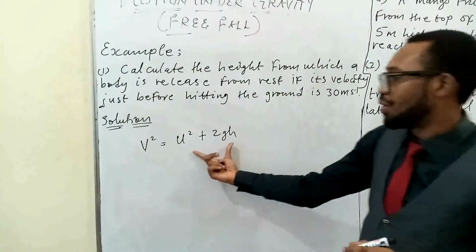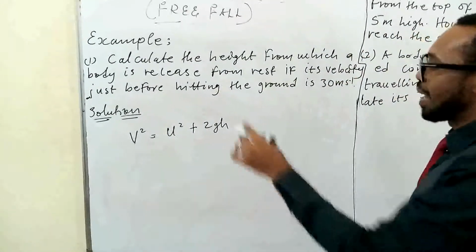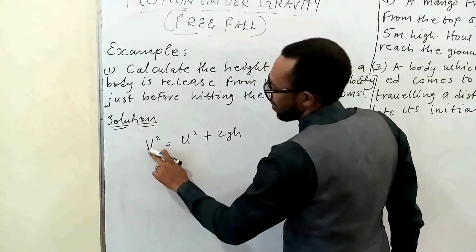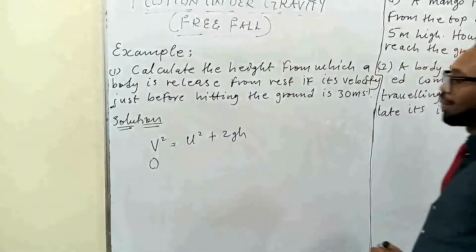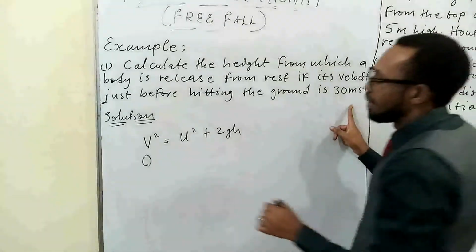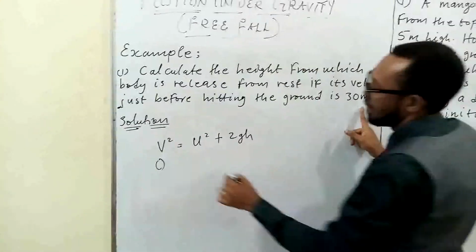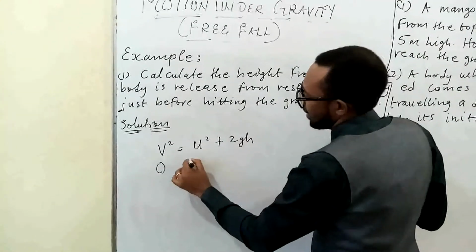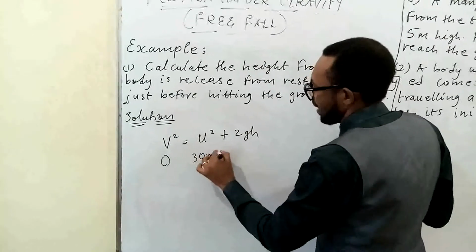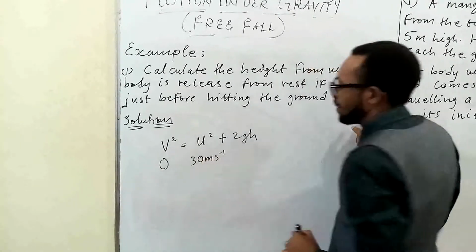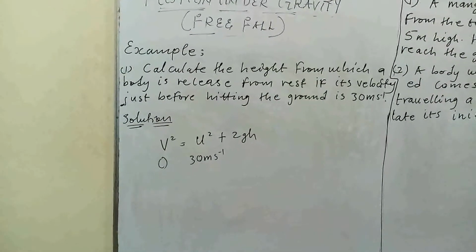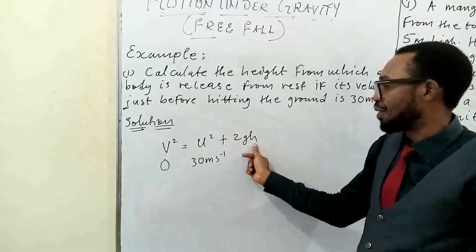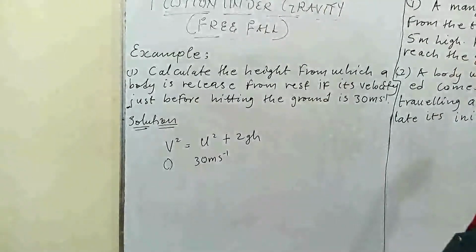Now, from this equation, it's obvious, I told you this is 0 because at maximum height, the final velocity is equal to 0. And then we are given that just before it hits the ground, the velocity is 30 meters per second.